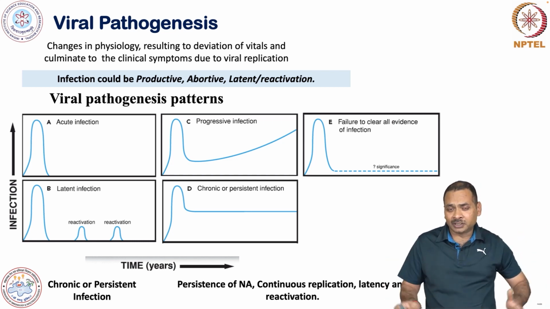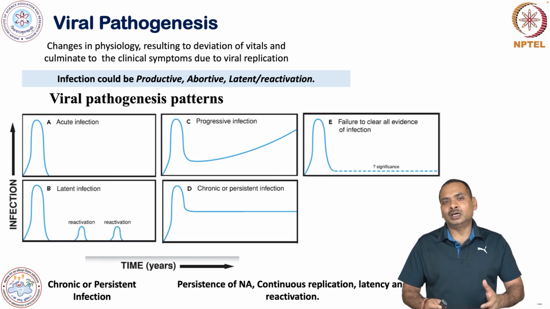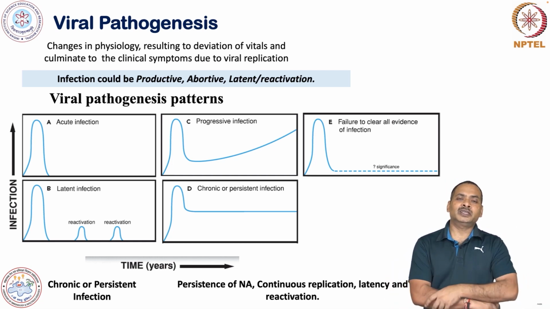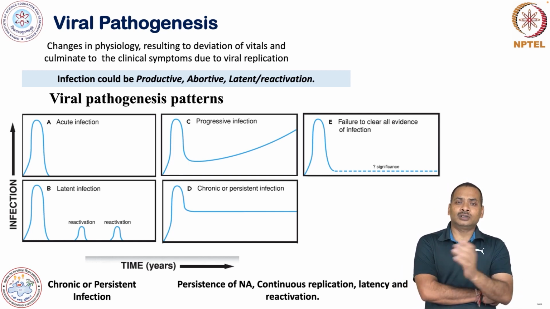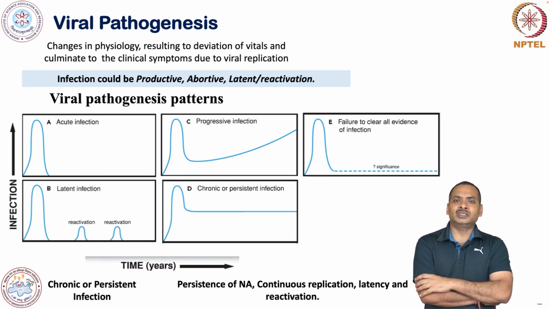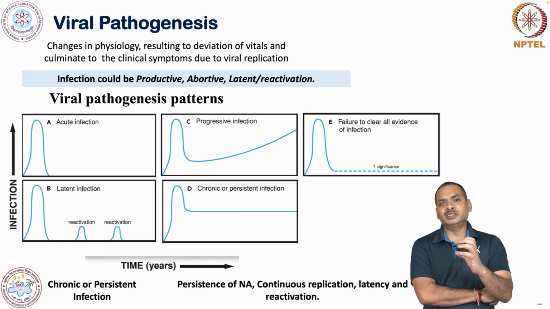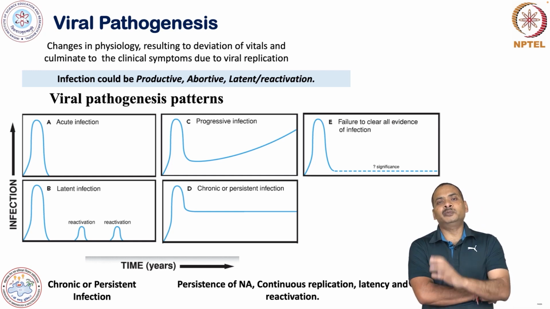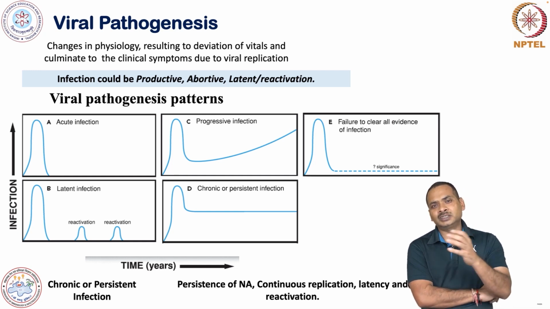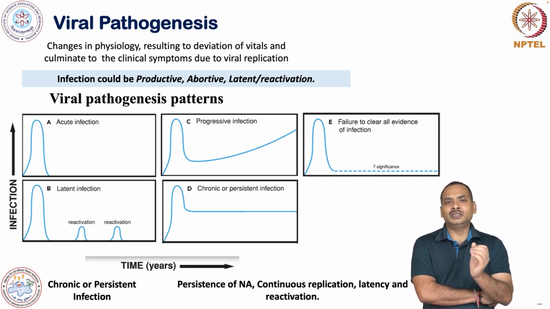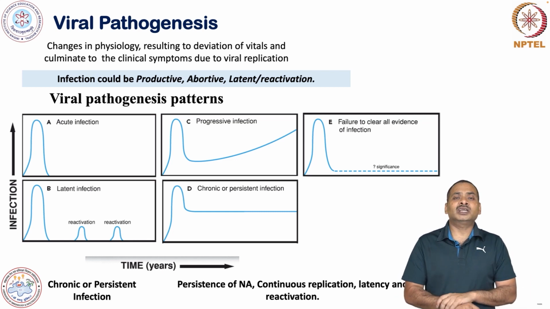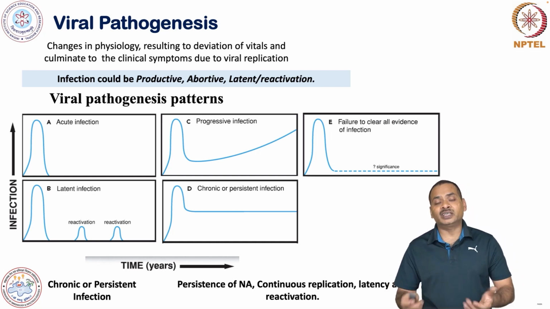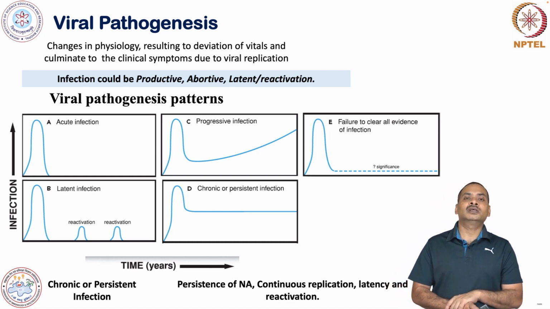So they will generally not be present in blood or epithelial cells. As I explained, if the virus has a tropism to the epithelial cell, then initially they will be present in the epithelial cell, they will replicate in more number, they will cause severe problems, but suddenly they will disappear. They may hide somewhere. However, we don't know precisely what is going on and what the significance of this is.